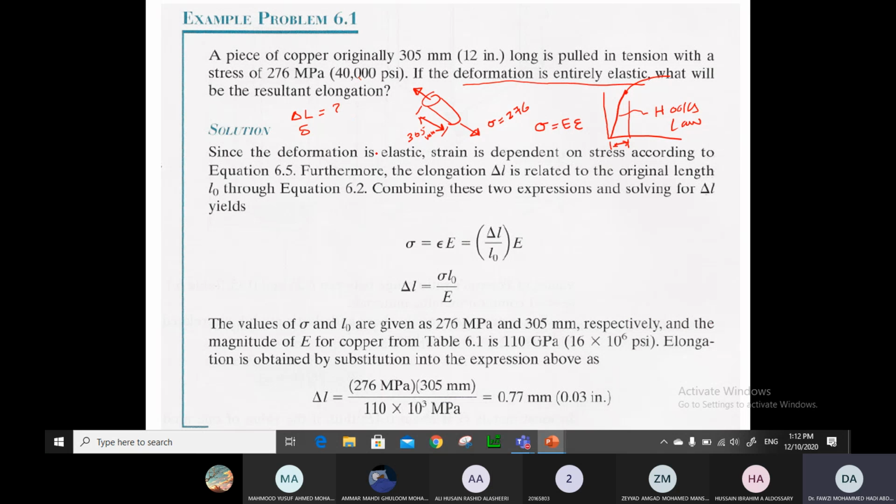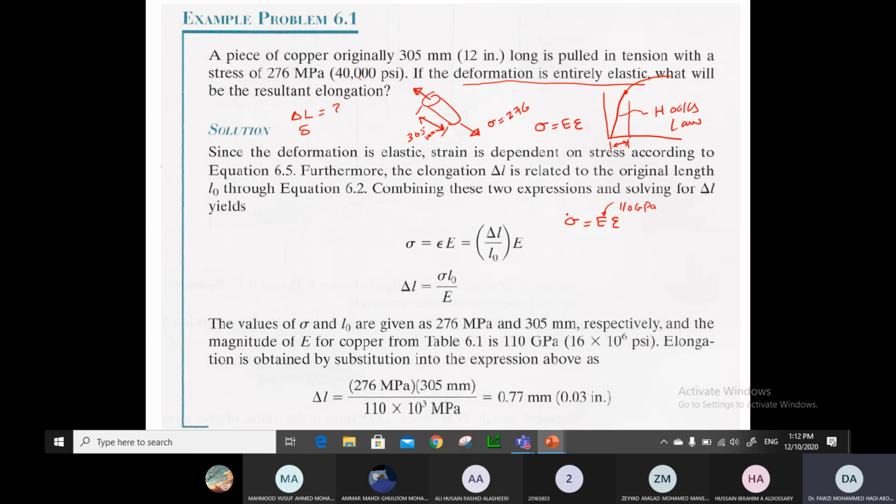We can say sigma is equal to stiffness times epsilon, and the stiffness for the copper is 110 gigapascal. This is a given material property. You can get it from the table.